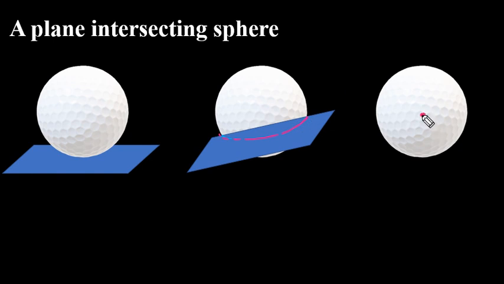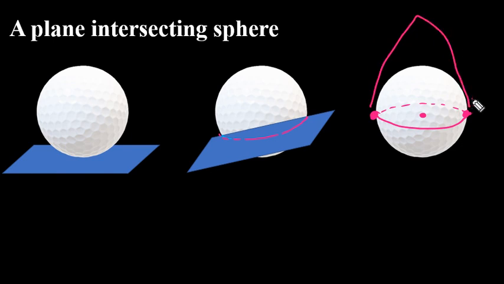But if you intersect from the center, then it will make a great circle, and the points here will be called poles.